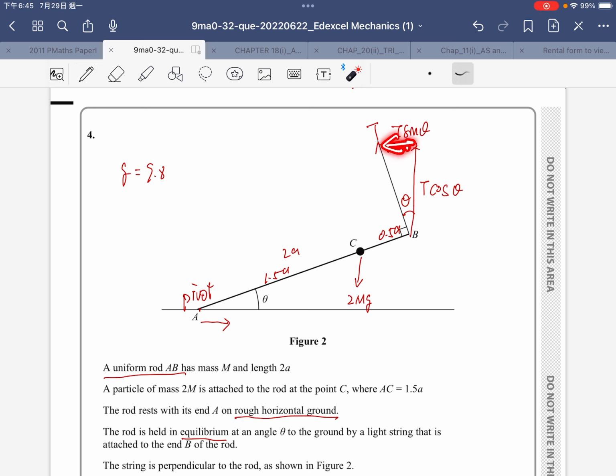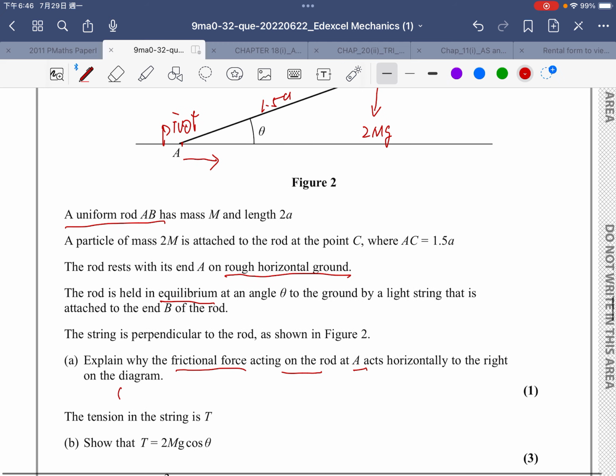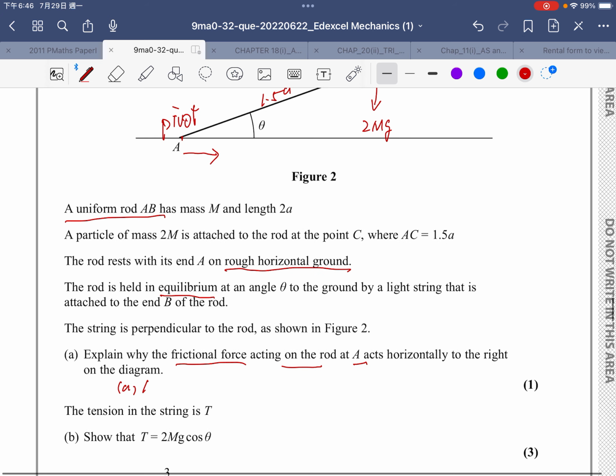This horizontal force is to the left. Therefore, because there is no other force in this system, the frictional force must be acting on the right. So for part A, we can answer like that.